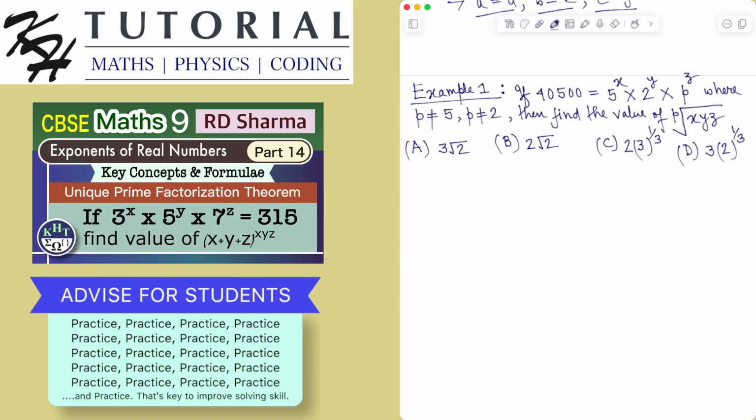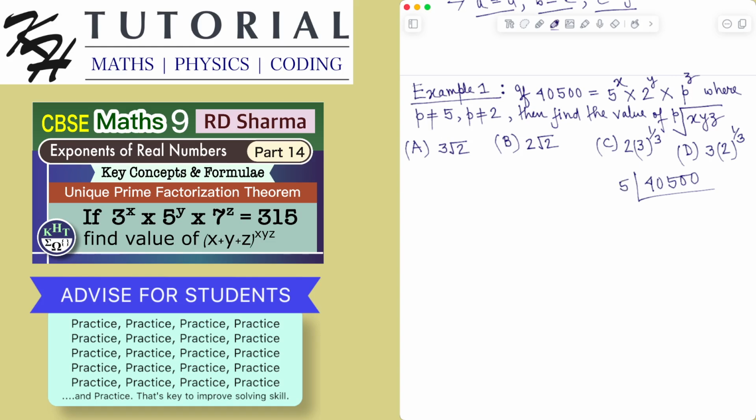So the primary task is to prime factorize the given number, which in this case is on the left hand side, 40,500. You must be very fast in prime factorization of medium to large numbers, which I am slow at, so please bear with me.